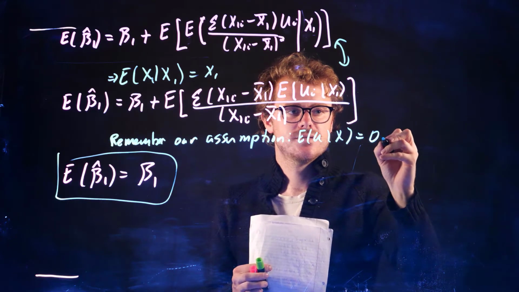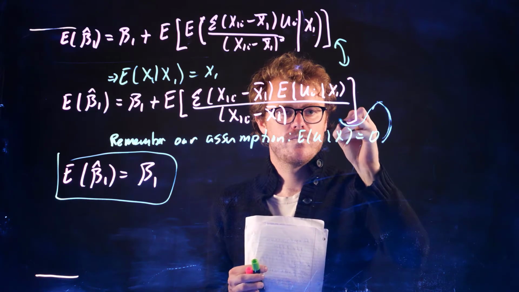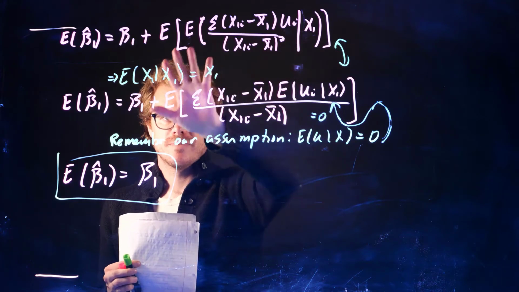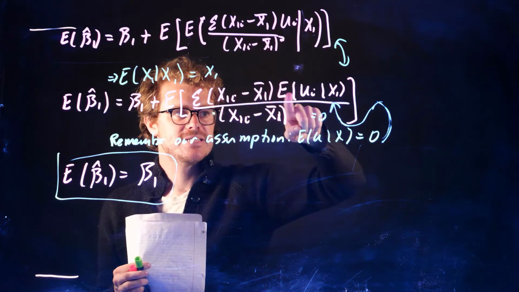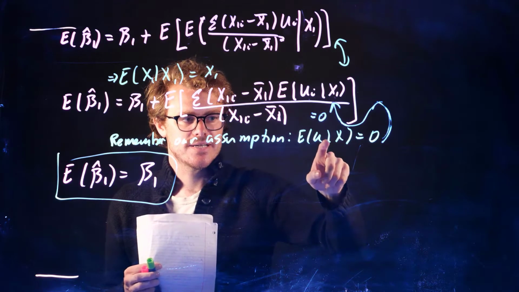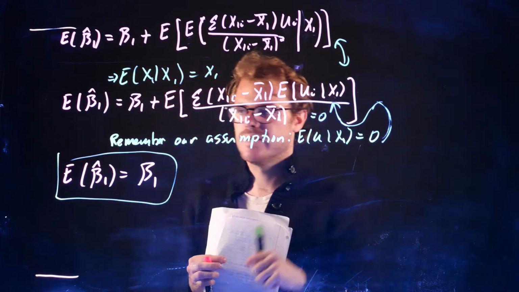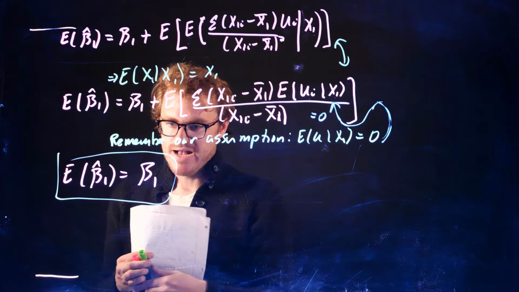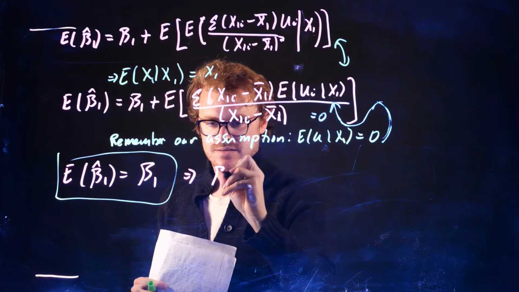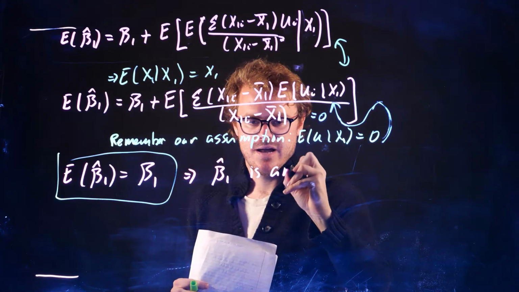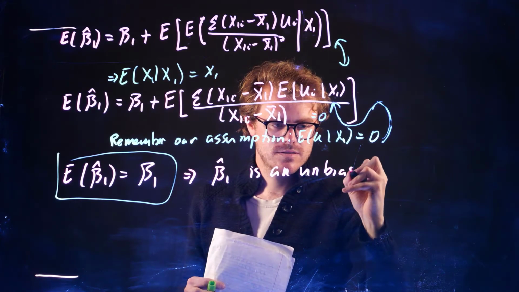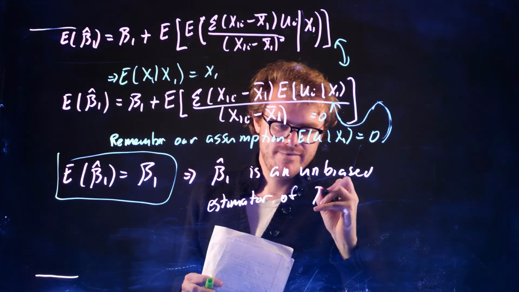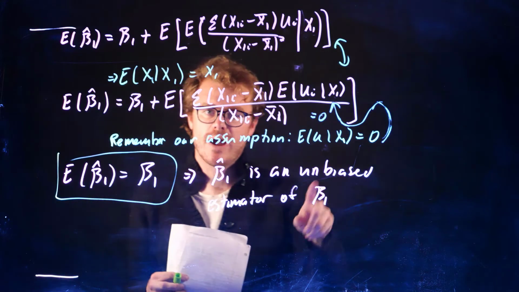That means this equals 0, which means the second term goes away because the expectation of ui given x1 equals 0, because that's the assumption we were making from the beginning. And so we're just left with the expectation of beta hat 1 being the true value. Well, this means beta hat 1 is an unbiased estimator of the true parameter.